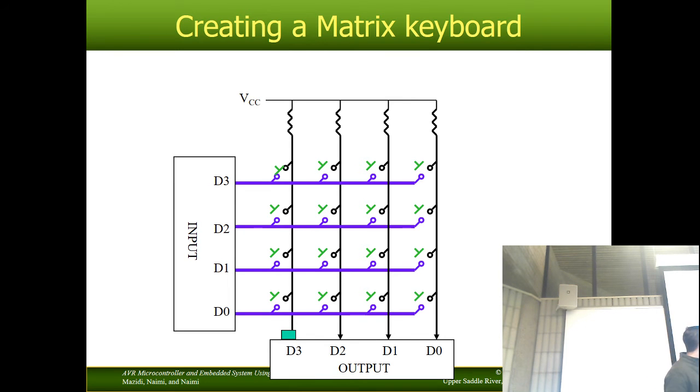However, until I press one of the buttons in that column, the inputs will not see anything. So in this diagram, I've actually pushed, I don't know if you can tell, that upper left button. So because I've done that, okay, I'm going to have a direct connection here. Now I said drive it to 5 volts, which doesn't make a lot of sense because if I drive it to 5 volts, I've already got VCC on the other end of this, don't I?